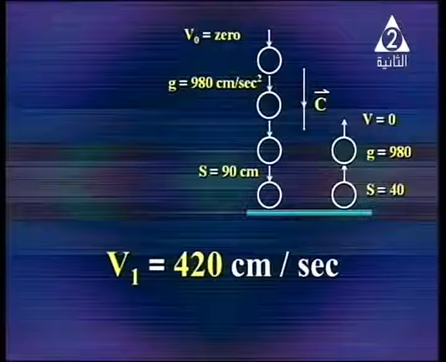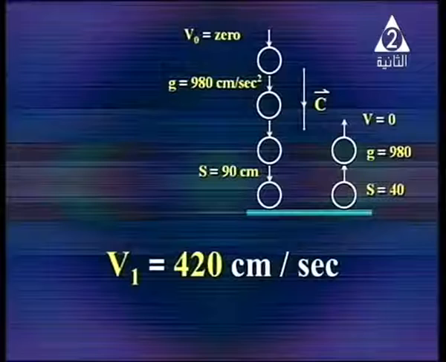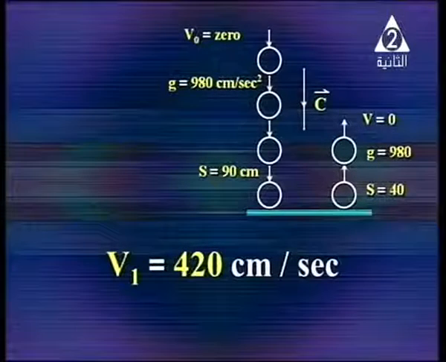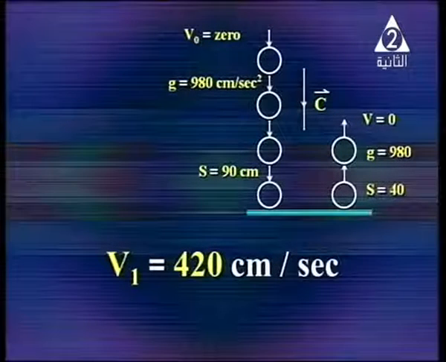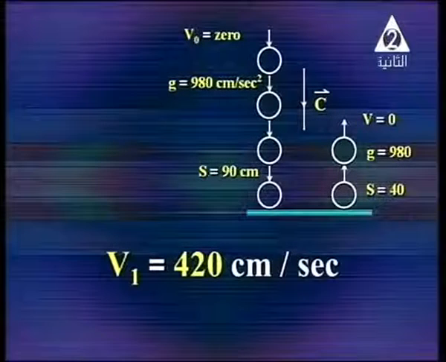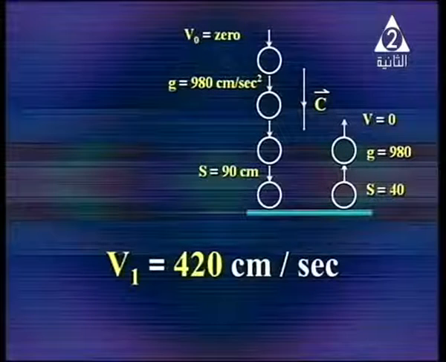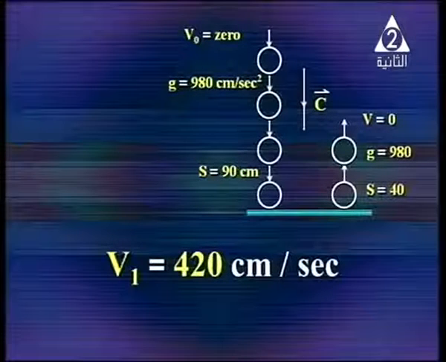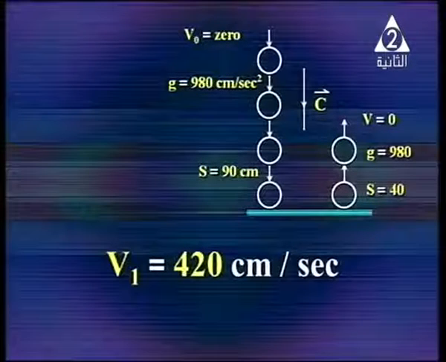But when it starts from the fall, V naught, the initial velocity, equals 0. After that, the rubber ball rebounds up with initial velocity, and rises to reach the distance 40 centimeter with gravity 980 centimeter per second square and final velocity equal to 0.